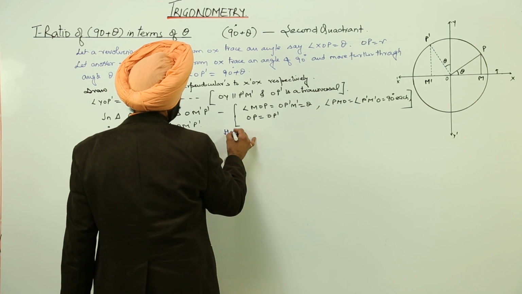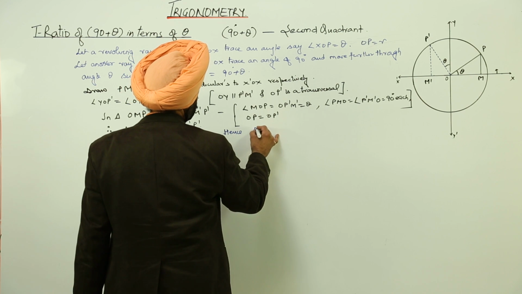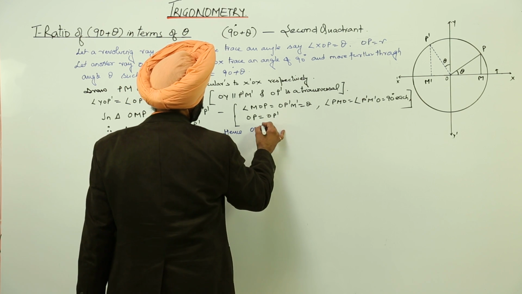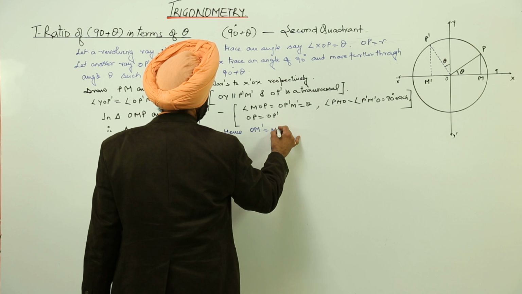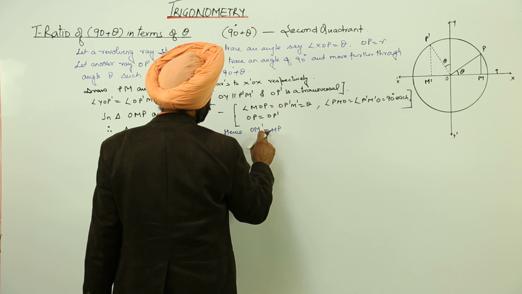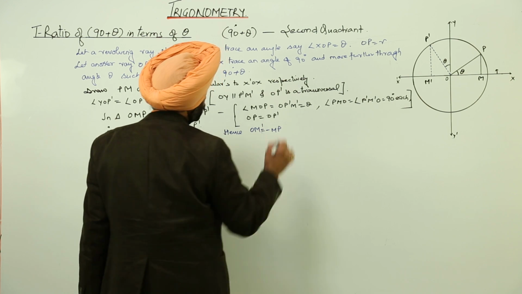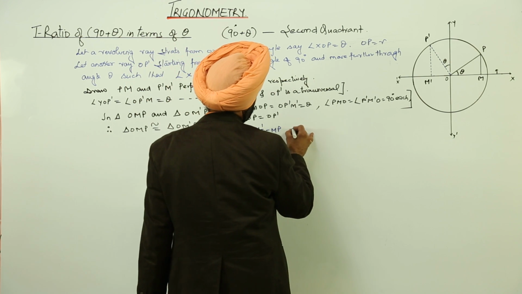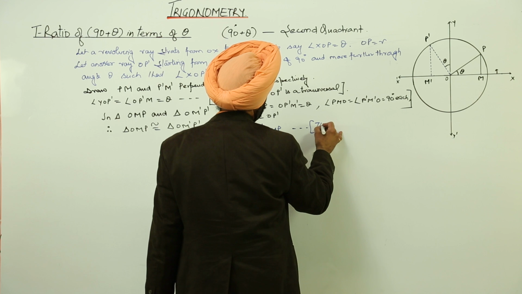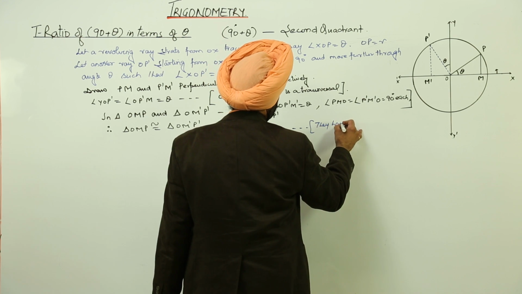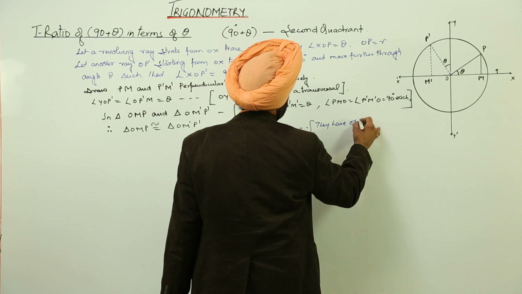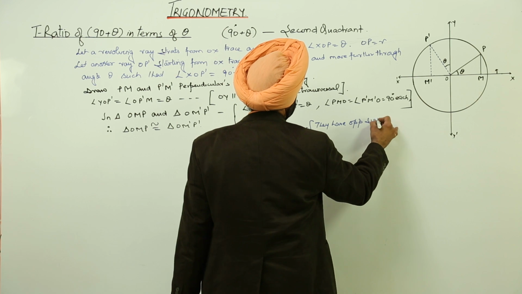Hence, OM dash is equal to MP in magnitude, and OM dash is equal to negative of MP. They have opposite signs.